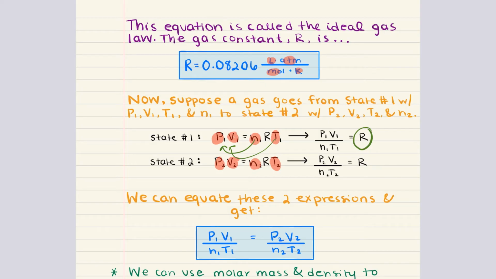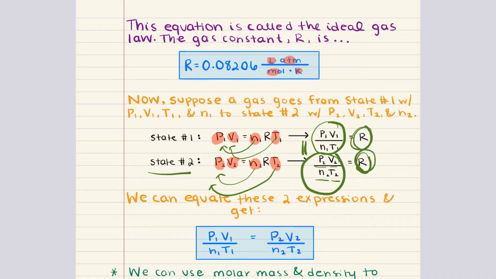And we're going to do the same exact thing for state 2, so that R equals P2 V2 over N2 T2. We have both of these expressions equal to R, so these are equal to each other. And now what we can write is called the combined gas law: P1 V1 over N1 T1 equals P2 V2 over N2 T2.